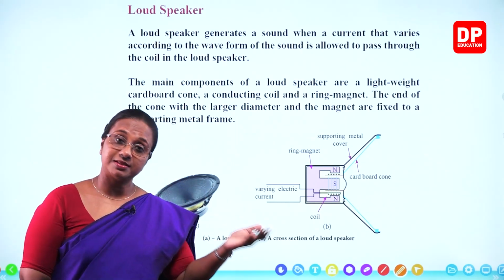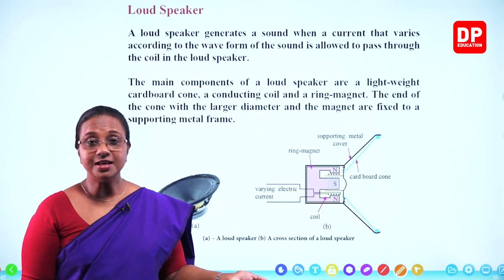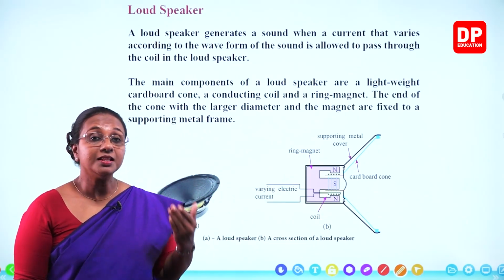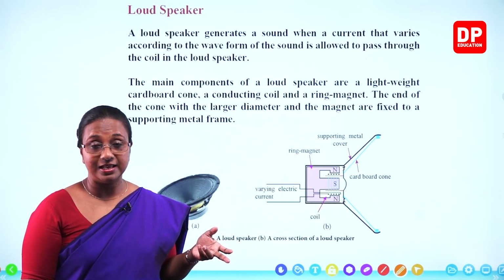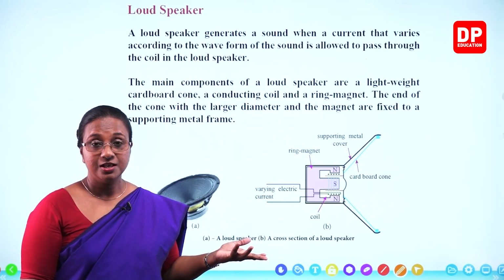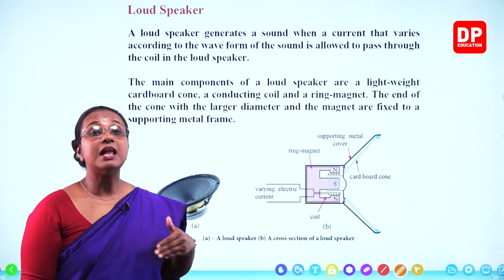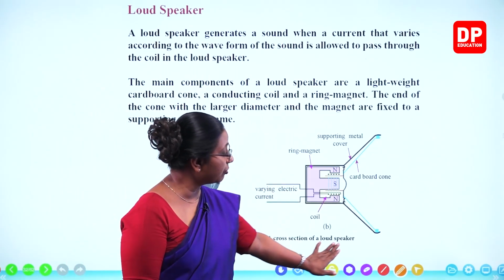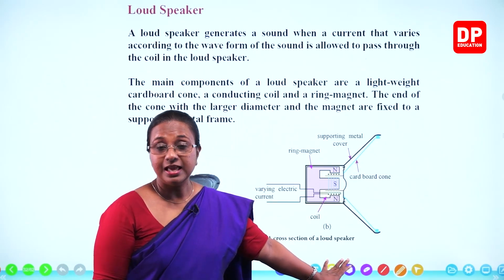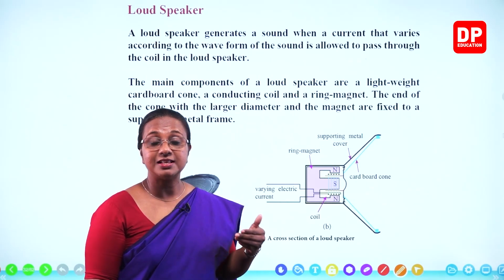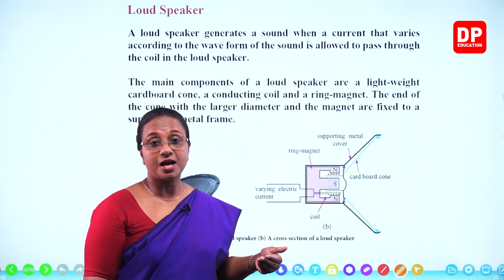The sound wave is converted to electric energy, and thereafter, in the loudspeaker, the sound is amplified. The loudness of the sound is amplified. So there you hear a louder sound. That is the purpose of using a loudspeaker. That is what the name implies also. It amplifies the loudness of the sound.